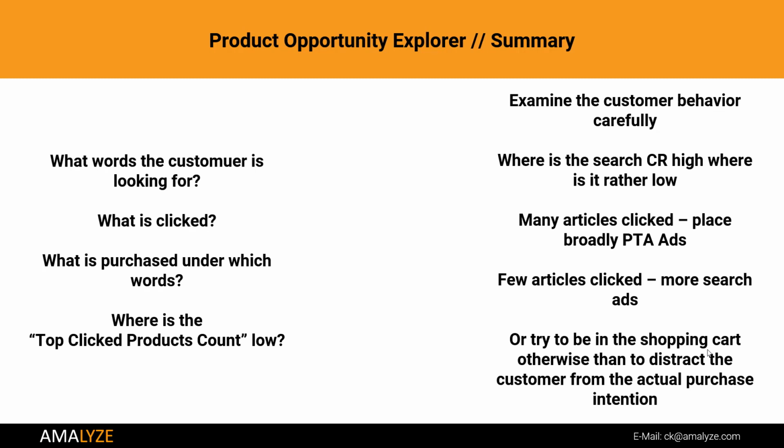On the other side, when we're talking about the words, the search terms, understand the problem with the duplicates, but also understand how the customer is searching. What is he clicking and what is he purchasing after that. Also have a look at the top clicked products count. If there is less competition, that means it's a low number of top clicked products.